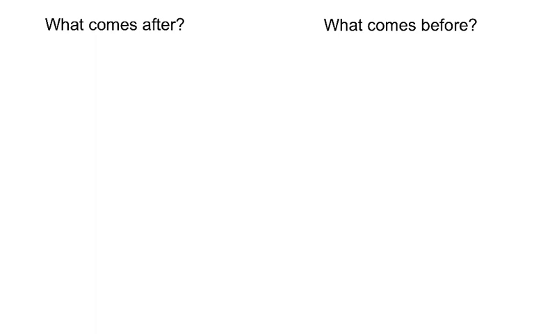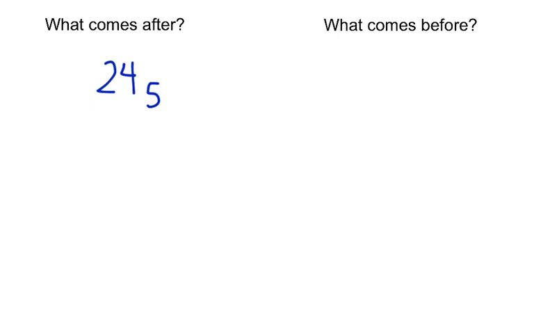Two types of problems that we're going to see in this section will be what comes after and what comes before. An example that we're going to look at is what comes after 2,4 base 5. Notice I didn't say 24 base 5 because there aren't any, it's not 24. There are no 10s columns. There are no 20s. So it's not 24 base 5, it is 2,4 base 5. And what comes after that?